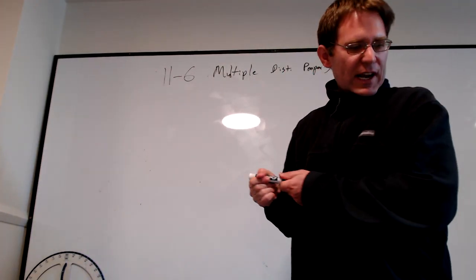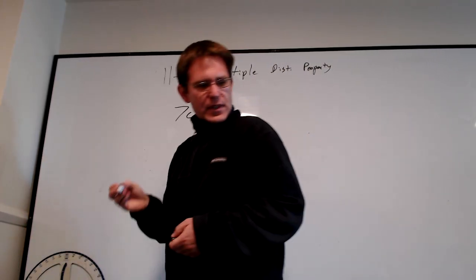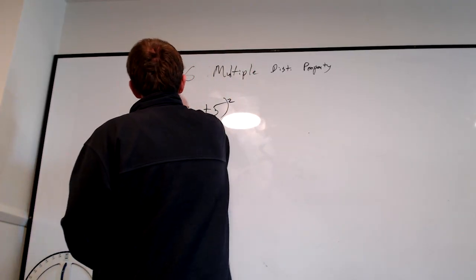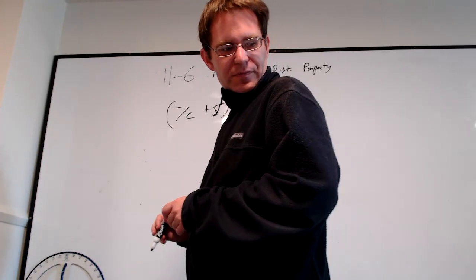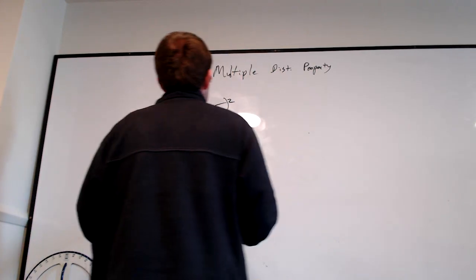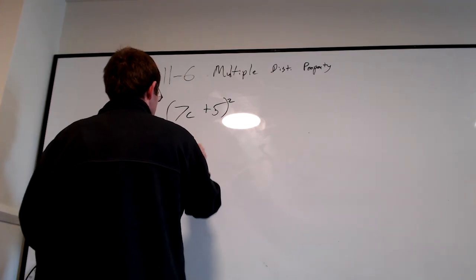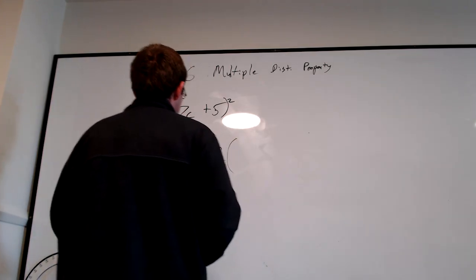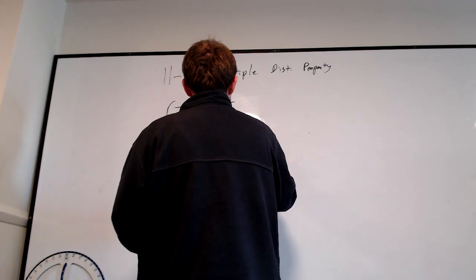Okay, let's see if we can do this in practice. So if we have 7c plus 5 squared, that's going to equal, correct? 7c squared plus 2 times, what is it, ab? 7c times 5.